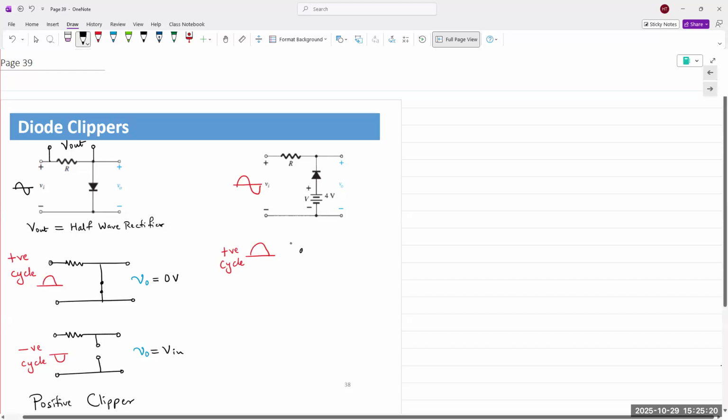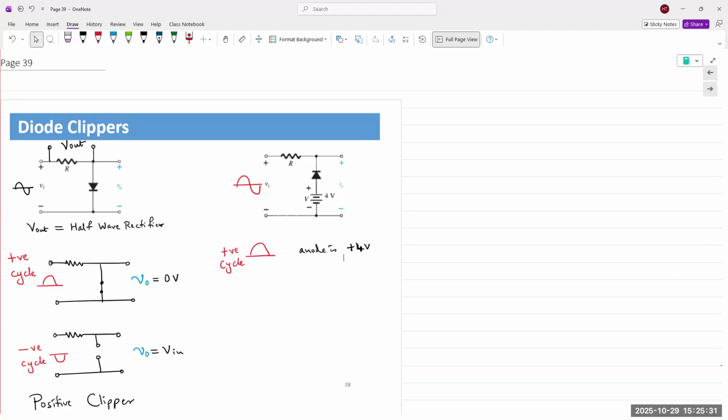Anode is at plus 4 volts, right? And we have the input cycle. So as long as the cathode is less than 4 volts, the diode is on.